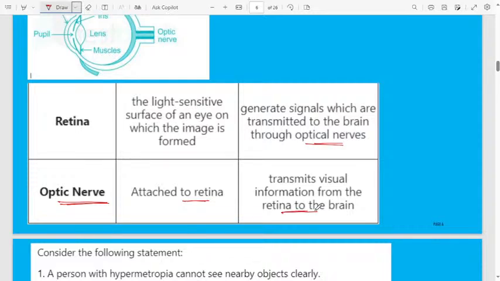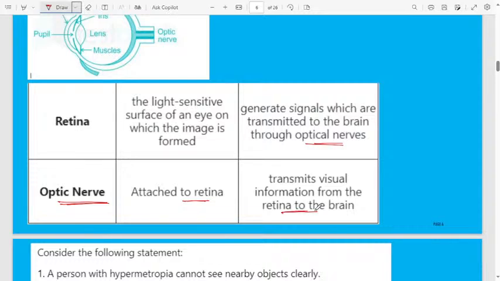When you see an object, like I am reading and teaching, continuously watching the letters, my brain is working without any time lag. Everything is happening because I am seeing the monitor. Whatever is there, the image forms on my retina.